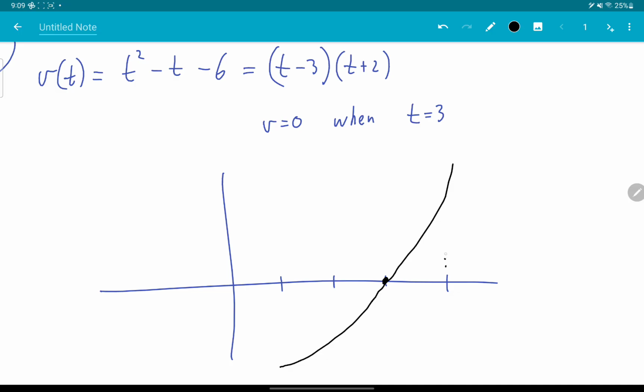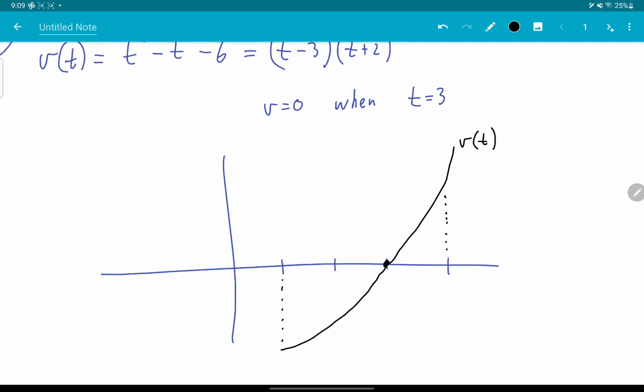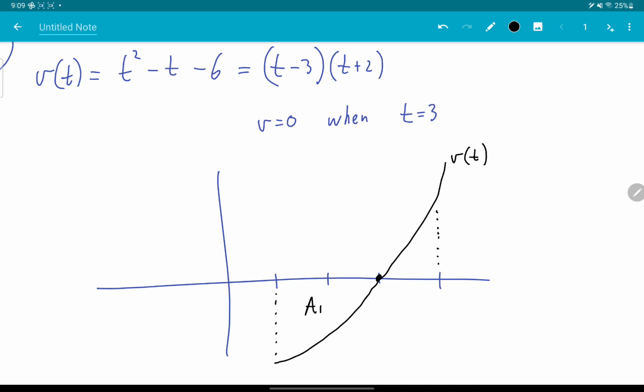It's a parabola. I don't really care exactly what it looks like. I just want to get a rough idea of what's happening here. So at least in my diagram, you can see this area down here is outweighing the area up here.